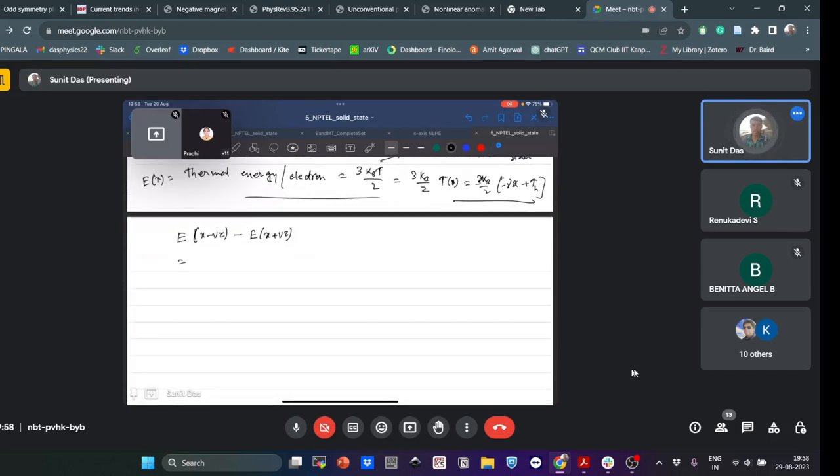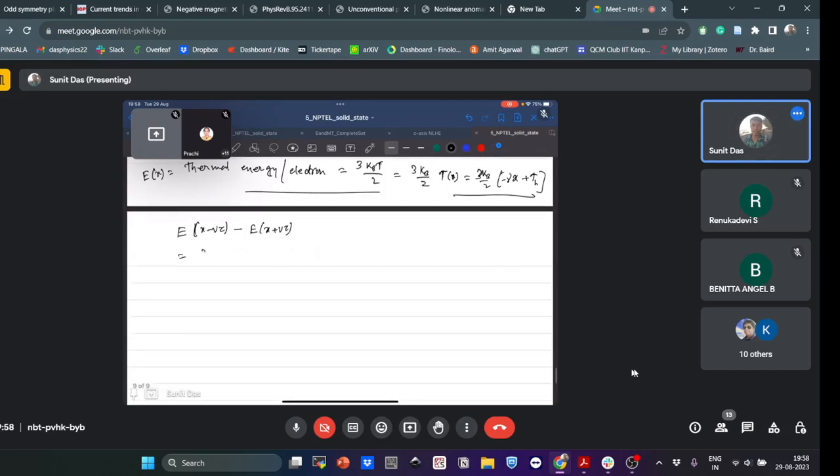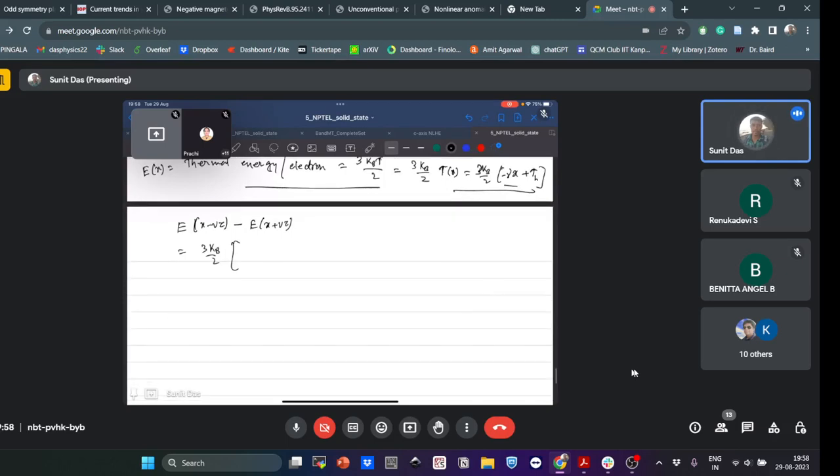So we simply put this x here: 3 kB by 2 in the first case, minus gamma into (x minus v tau) plus Th, minus the one for x plus v tau, minus gamma into (x plus v tau) plus Th.